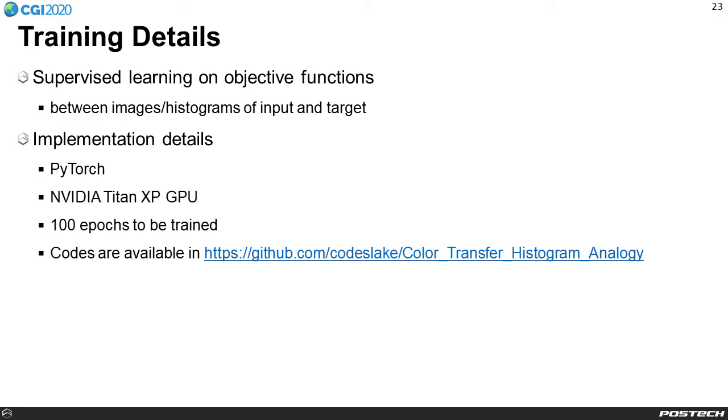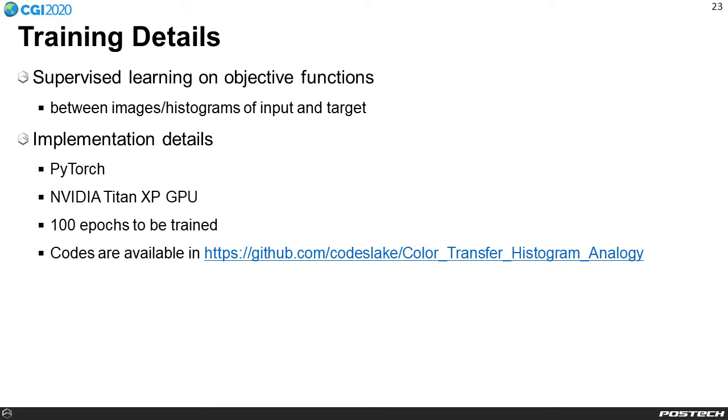As our framework uses histogram as target condition, the network is trained in a supervised way between predicted images and histograms, and ground truth images and histograms. We used PyTorch to implement our model, which is trained on NVIDIA Titan XP GPUs. It took about 100 epochs to converge. Here I attach the link of the codes.